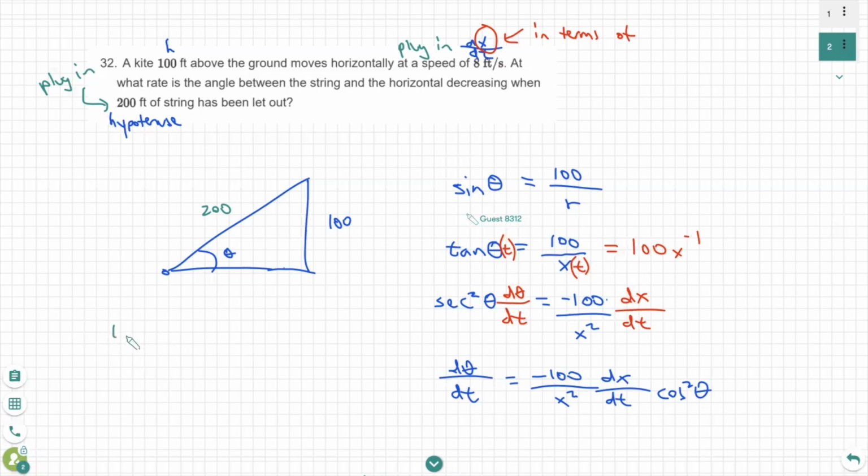So it's 100 squared plus x squared is equal to 200 squared. Would it be x squared as the distance, or would it just be x? Oh yeah, sorry, just x. So x squared is 200 squared minus 100 squared.